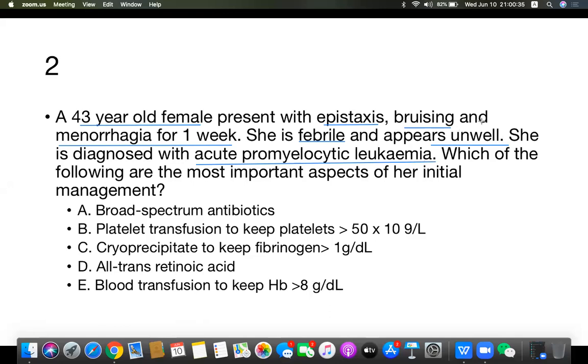Probably this bleeding is because of DIC, and she is febrile also. So I will go for broad spectrum antibiotic also. I'll give platelet transfusion also. I'll give cryoprecipitate as well, because this is a case of DIC. Fibrinogen is very low in DIC. D I already told. And blood transfusion depends; I need to check hemoglobin. So this also you can choose.